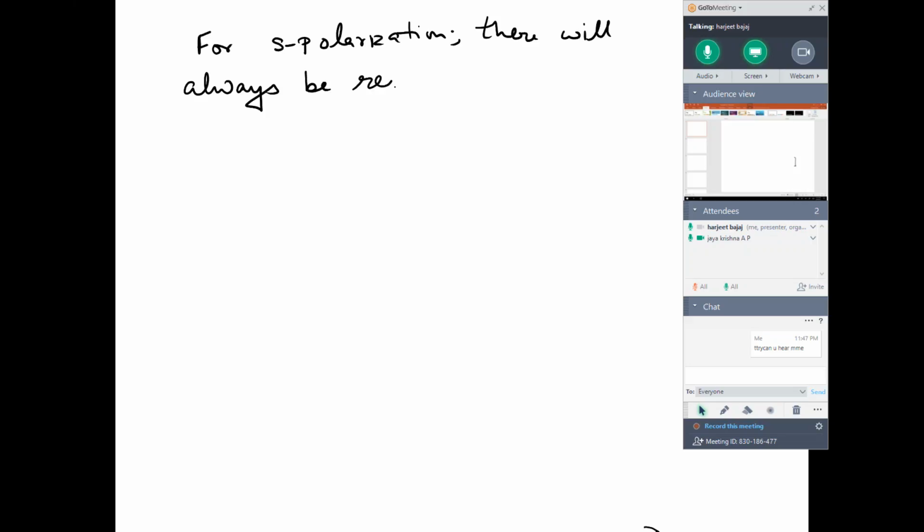For S polarization, there will always be reflection for every angle of theta I. Any angle of theta I I go to, there would always be some reflection.